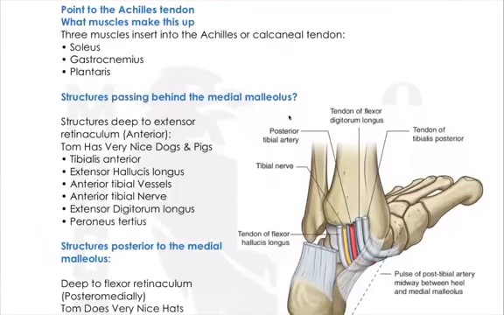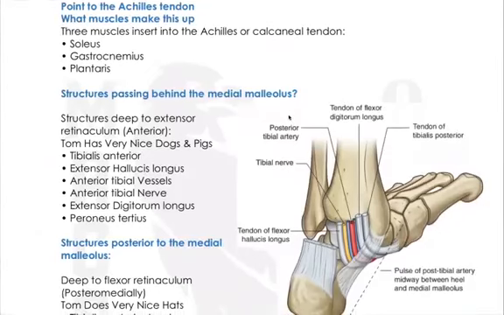So you can have the tibialis anterior, the extensor hallucis longus, also the extensor digitorum longus, the tibial vessels, the tibial nerve, and also the peroneus tertius. Okay, only a few of them.